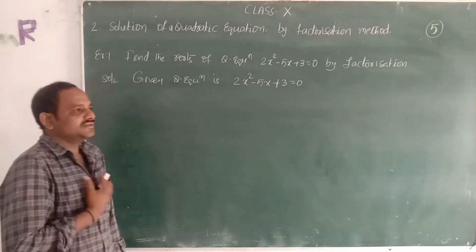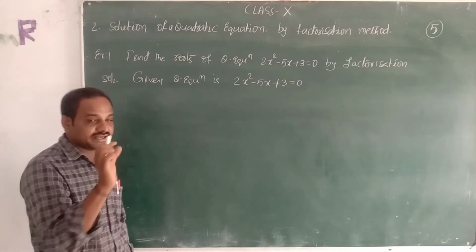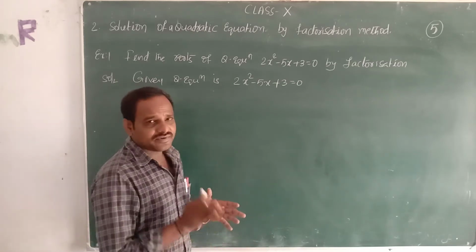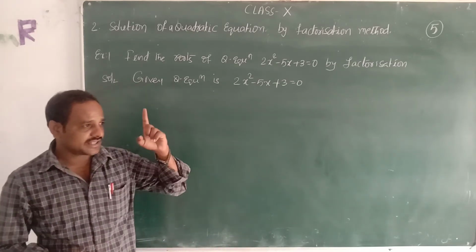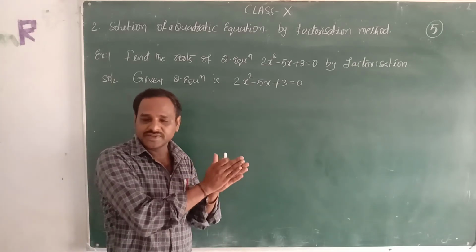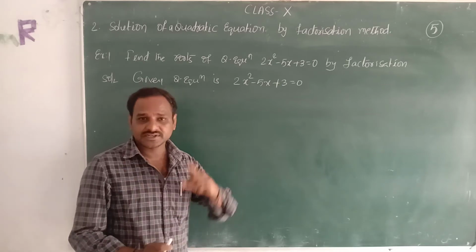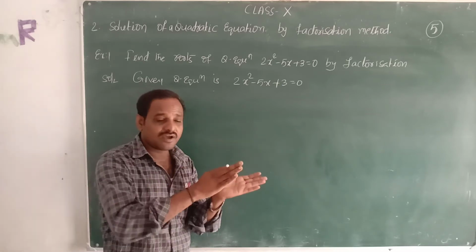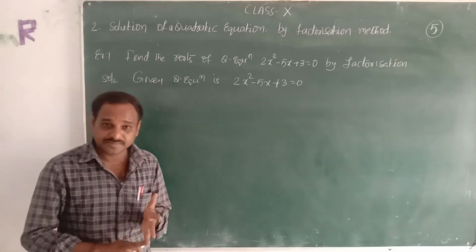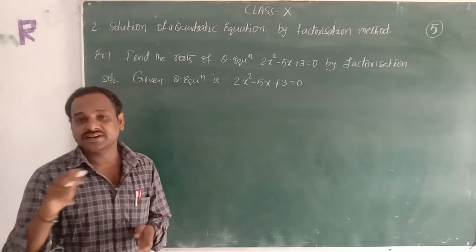Before going to the process of that problem, first we have to discuss a little bit on it. Okay. So what is the general form of a quadratic equation? I think all of you know about it. What is the general form of a quadratic polynomial? P of x is equal to ax square plus bx plus c. That is a quadratic polynomial. If p of x is equal to 0, that means ax square plus bx plus c is equal to 0, then we call it a quadratic equation.